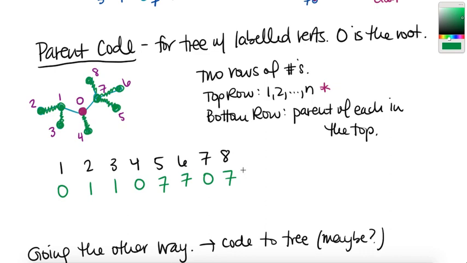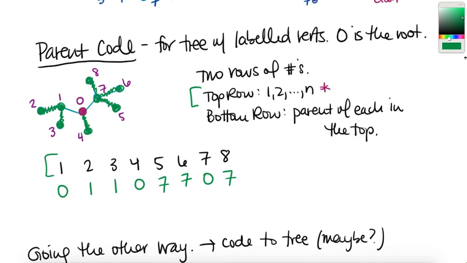Okay, so here is the parent code. So we've taken this graph and encoded it with these 2 rows of data. So it's like a 2 by 8 matrix with entries between 0 and 8. But our convention for the top row was that it was always just going to be 1, 2, 3, all the way up to the number of vertices that we have.